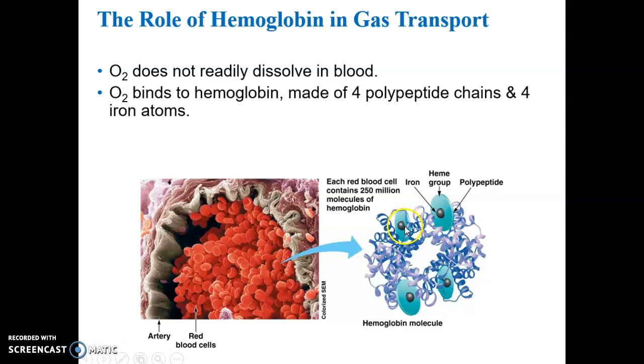Each iron in the heme group latches onto an O2, an oxygen molecule. So each hemoglobin molecule can bind 4 oxygens, and since there are 250 million of these per red blood cell, each single one can carry up to a maximum of 1 billion oxygen molecules. Remember, these are tiny, but that's a lot.